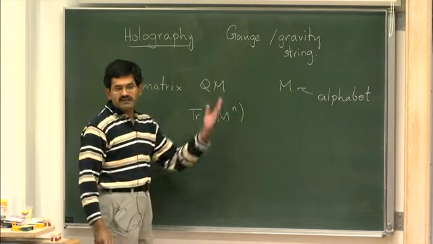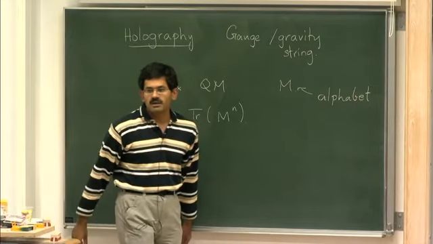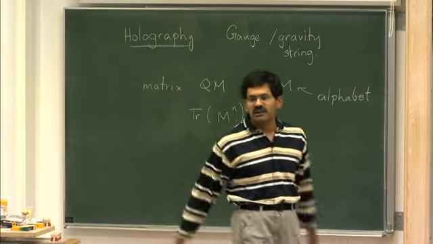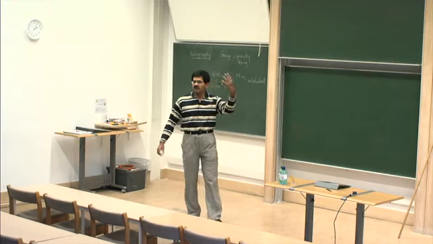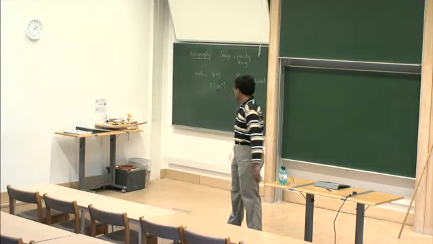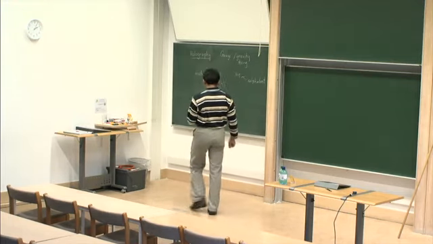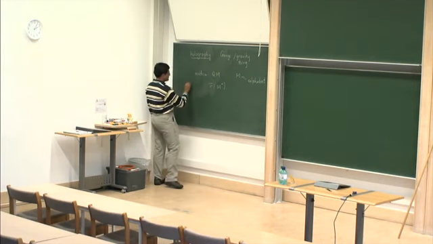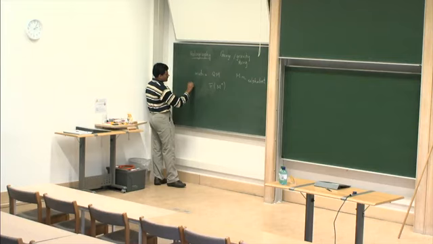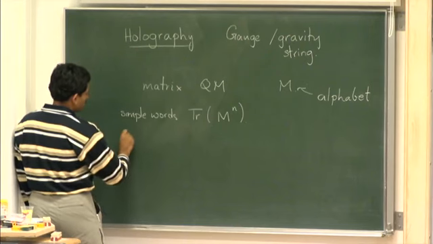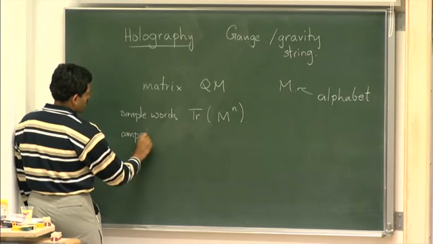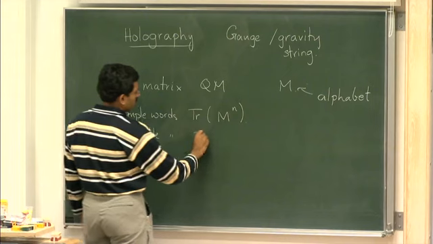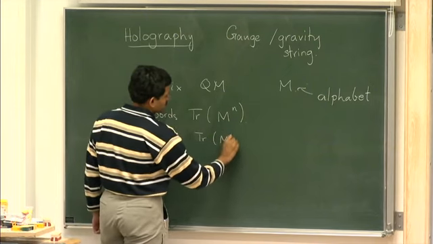If I have a single matrix, I can take products of this matrix and take a trace to make something that's invariant under the matrix rotations. In my language, these are simple words. And we could make composite or hyphenated words, which would involve multiple traces.